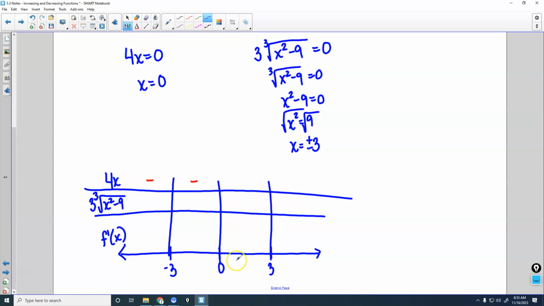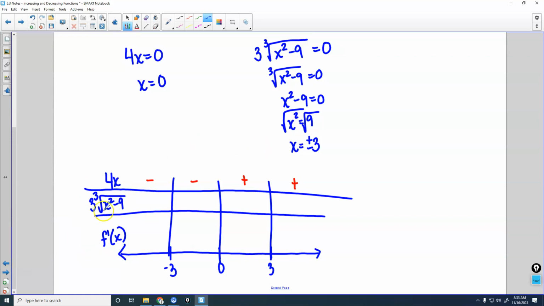But when I start plugging in numbers over here, between 0 and 3, like 1, I'll get a positive. And anything above 3, I'll also get a positive. The reason I like to do the chart is because it's a lot easier to plug it in little piece by little piece right there.